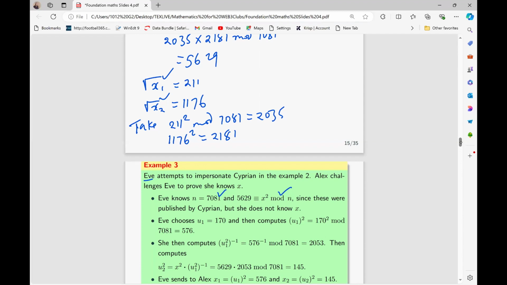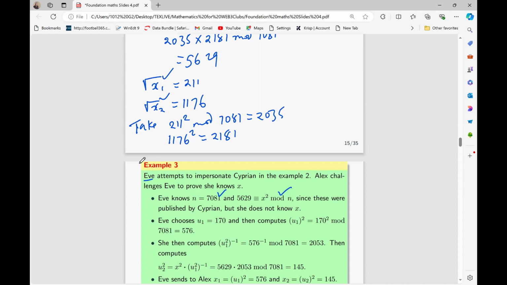So she's prepared for X1. If she is prepared to answer X1, she just answers the square root of X1. She cannot answer the square root of X2. But if she prepares herself to answer for X2, then she cannot answer for X1. She cannot answer both. She can only answer one.